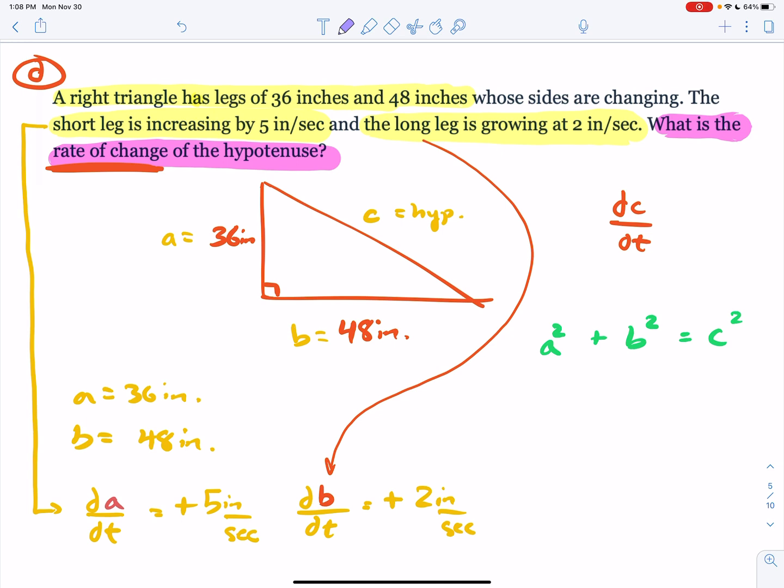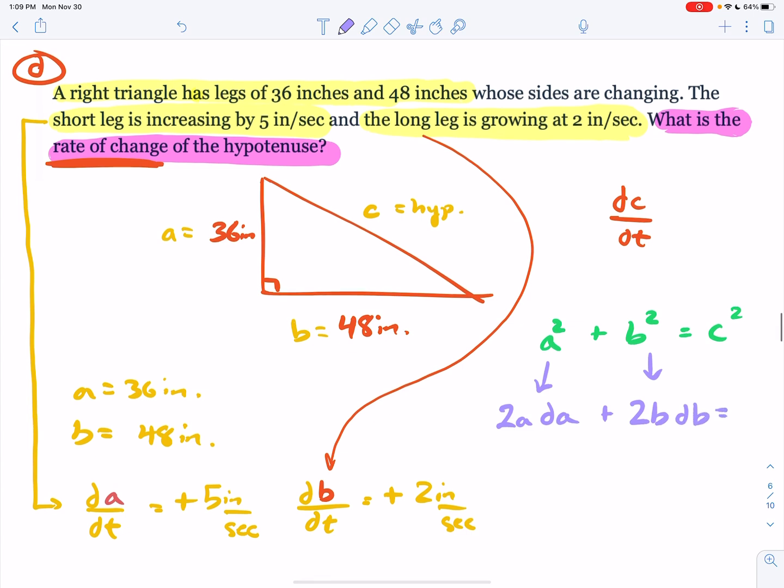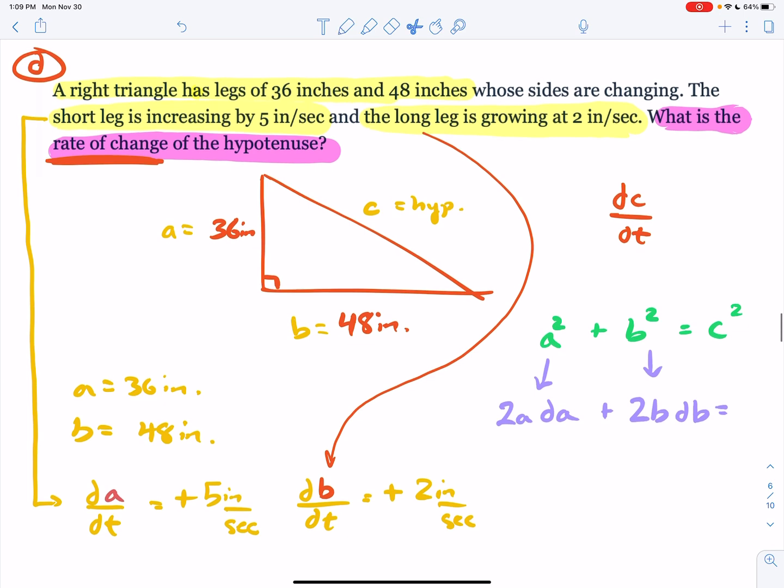That's probably the most challenging part, but after you get through that, it should be easy. We're going to go ahead and take the differential. The derivative of a squared is just 2a, but the differential is with respect to a, plus the differential of b squared, which is 2b with respect to b.